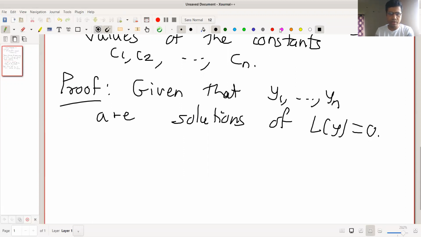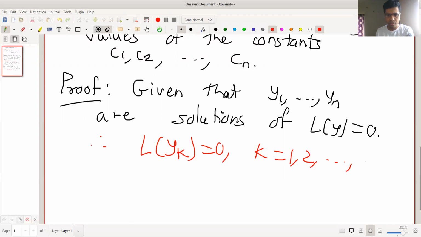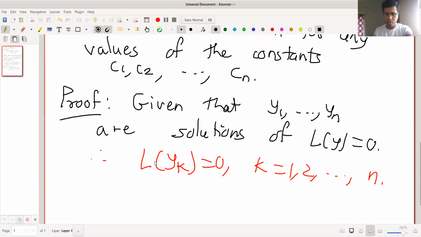So this shows that L of yk is 0 for k equal to 1, 2 and so on n. If these functions are solutions, they should satisfy that differential equation. We call this 1.